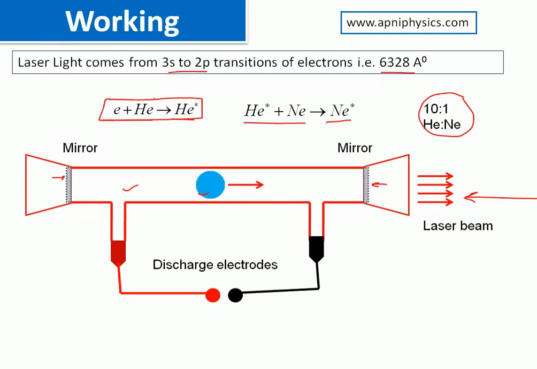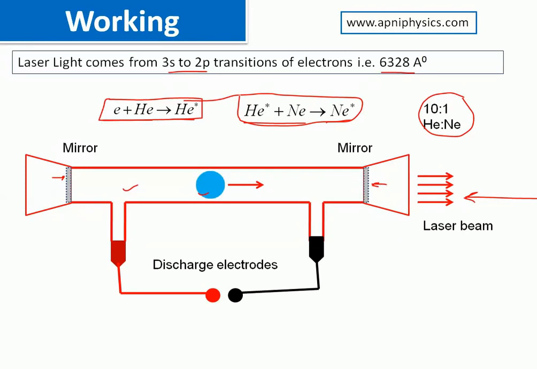In terms of the energy levels, we will discuss in the next slide. Then this excited helium atom collides with the ground state neon atom, and because of this the helium atom transfers its energy to the neon atom, and the neon atom is now in its excited state.